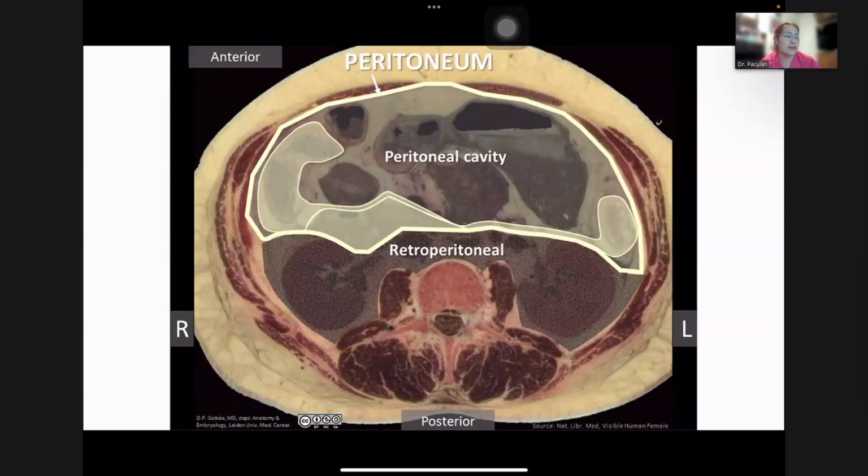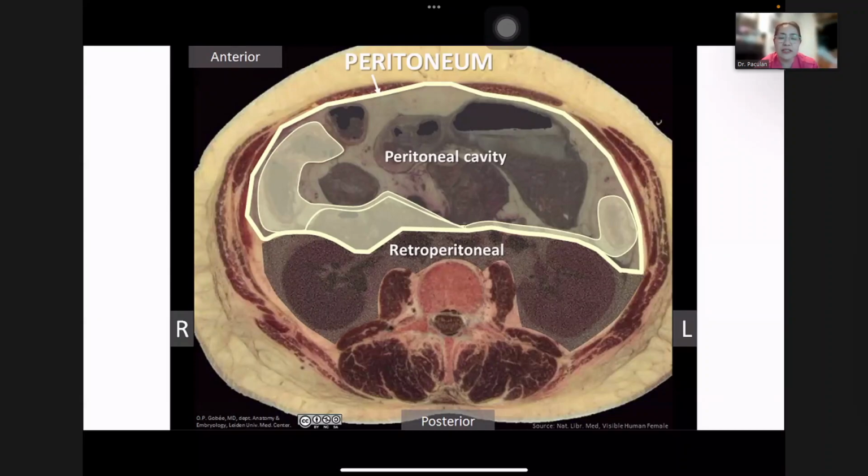There are two layers, the parietal peritoneum and the visceral peritoneum. The parietal peritoneum covers the anterior abdominal wall, the innermost layer of the abdominal wall, while the visceral peritoneum covers the viscera, such as the liver, intestines, and spleen.